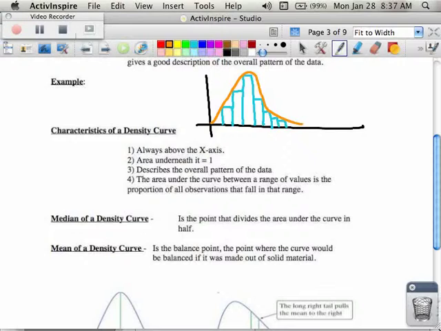So they use a few different words that I want you to know. Number 1, they use percentage. Number 2, they use proportion. And number 3, they use area. They all mean the same thing. Area, proportion, percentage. Okay, so I'd write those down if I were you.